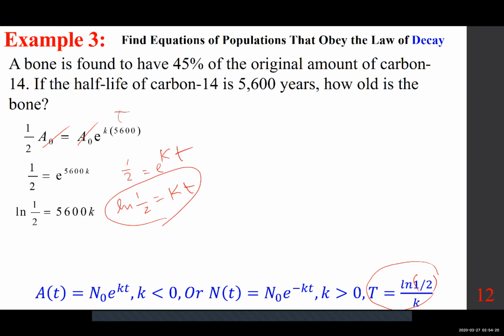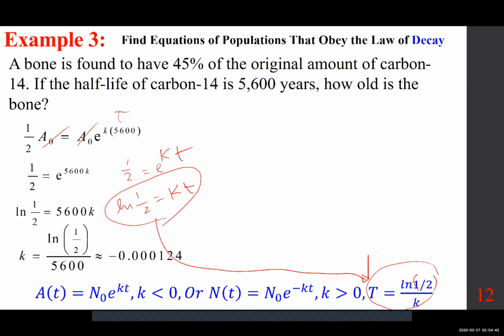And this gives us this formula, everybody. Okay? Is everybody following that? So whether you use this formula or you go through the process, it's fine. So ln of 1/2 divided by 5,600 is the answer.